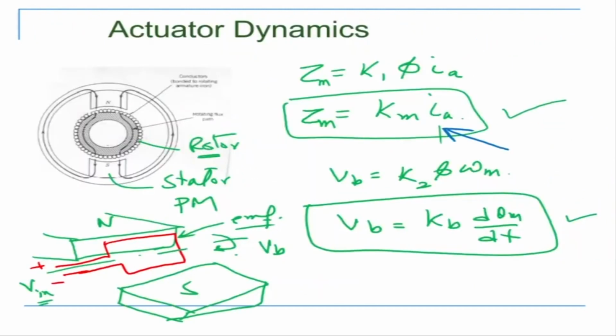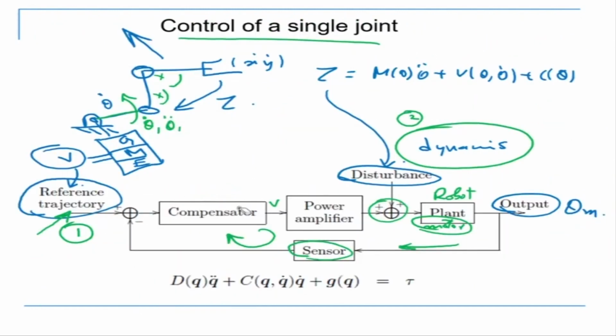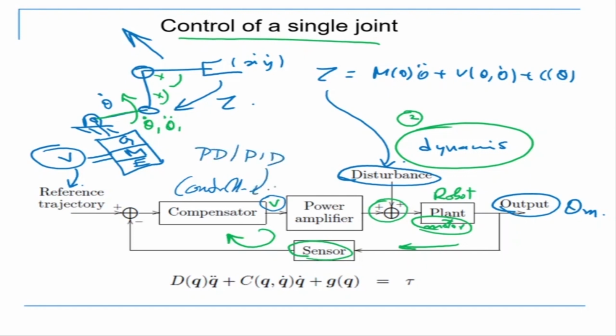If I go back a little bit, this is my reference trajectory, and this is my controller. The controller is deciding how much voltage output to give to the motor. If it's a PD controller or a PID controller, it is sitting here, and that is what decides how much voltage goes in.